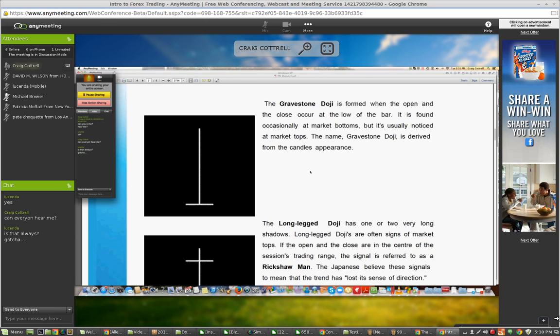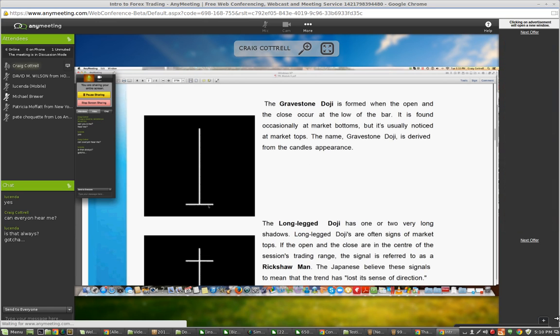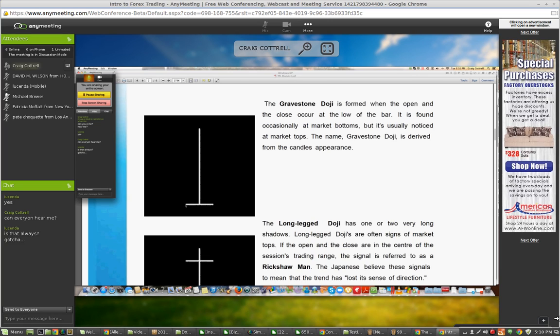Why? Well, because of this. The price opened here on the left-hand side of this horizontal line. And then the buyer stepped in and drove the price way up here to the top of this doji. But then the seller stepped in and sold the price all the way back down to close where it opened.